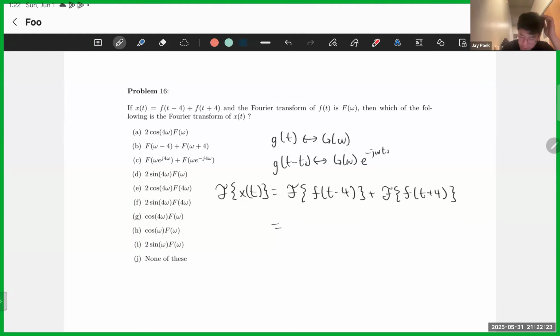And these two are very evident. It's just F of omega times e to the negative 4j omega and F of omega times e to the plus 4j omega.